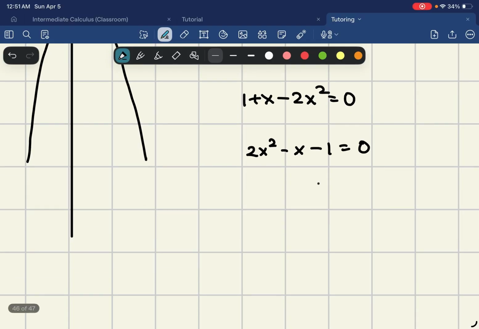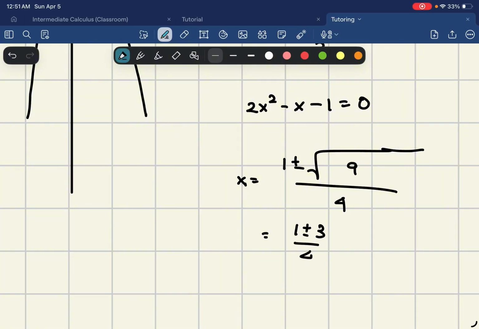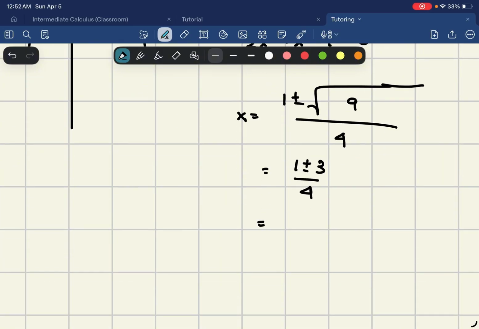And if I solve for x, x is equal to minus b, 1 plus or minus the square root of 1 minus 4 times 2 times negative 1, right? So that just gives me 1 plus 8, and that is just 9 over 4. So 1 plus or minus 3 over 4. And x is just equal to 1, or x is equal to negative 1 by 2.